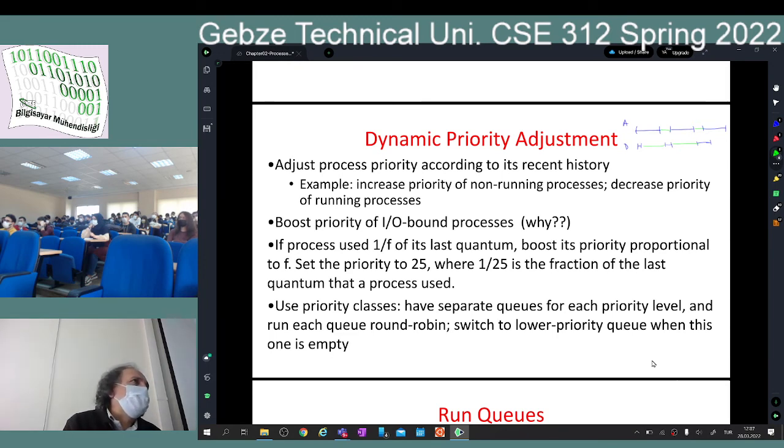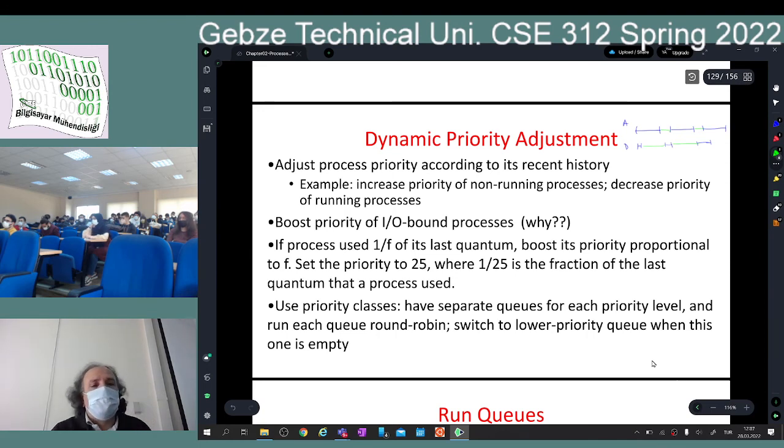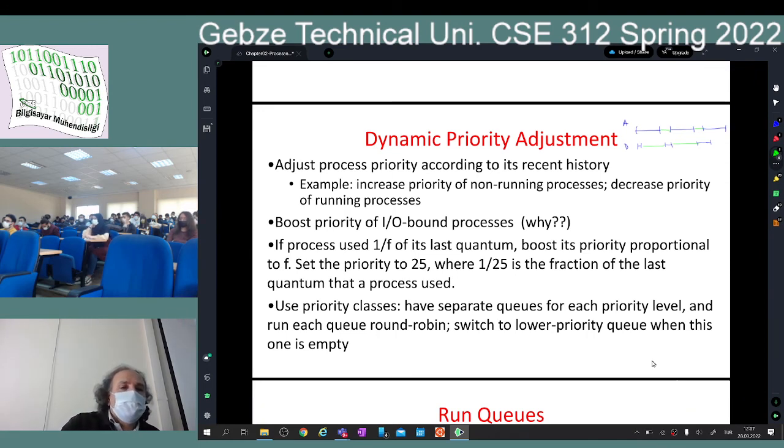If you use the 20 or 25 milliseconds of your quantum time, you are fine. You are using your fair share of the CPU. But if you use only 1 millisecond of your 25 milliseconds, I am going to increase your priority. If a process uses a fraction f of its last quantum, I am going to boost its priority proportional to f.